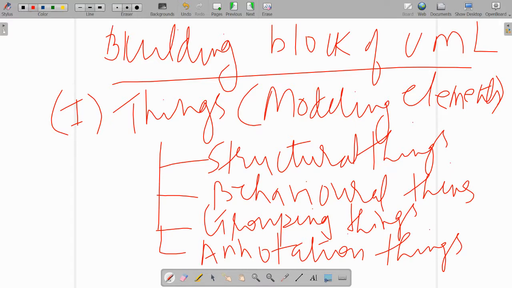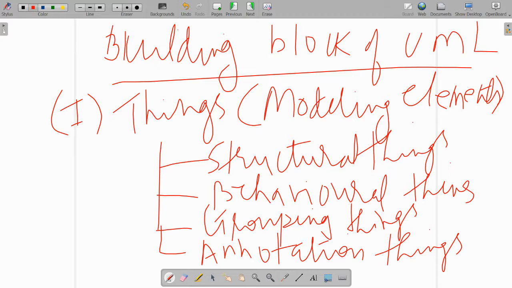So these are the modeling elements. Without entities, we cannot develop any model in DBMS, because a database management system depends upon entities. So the first and most important block required to develop any model, in this case UML, is things, that is, modeling elements.